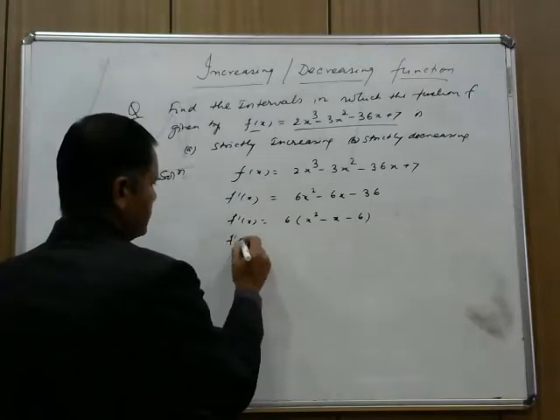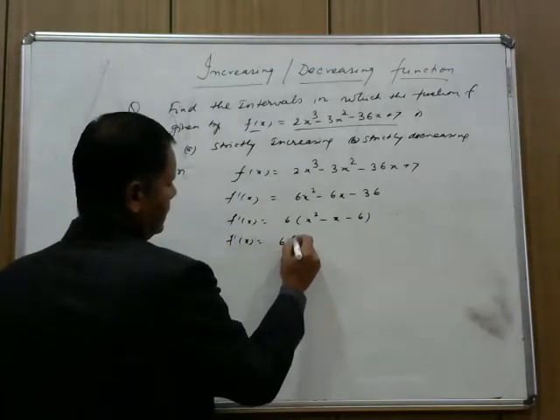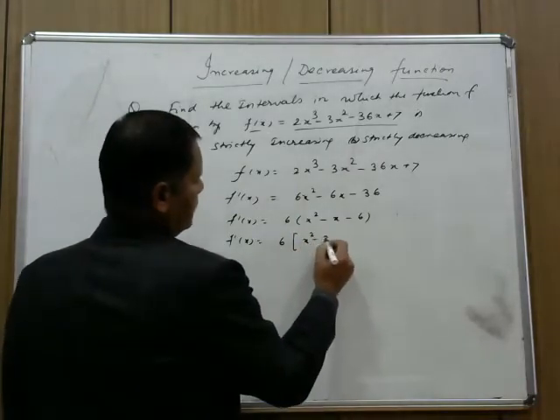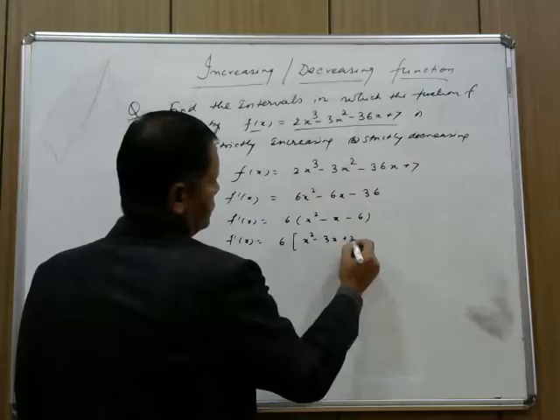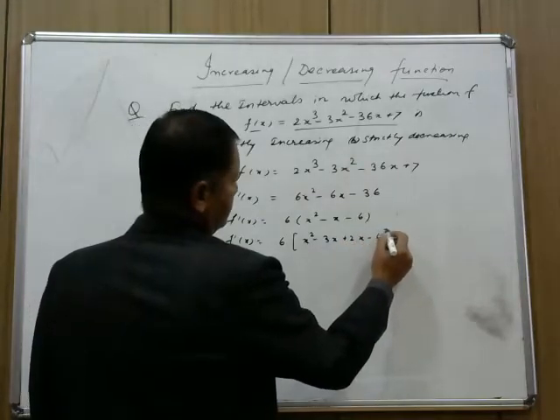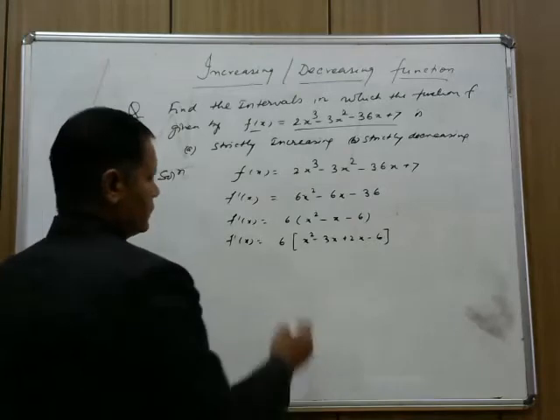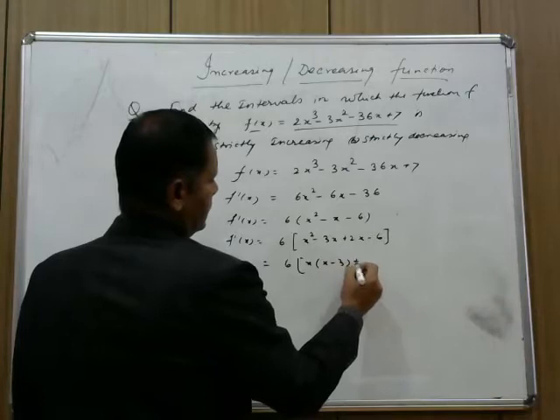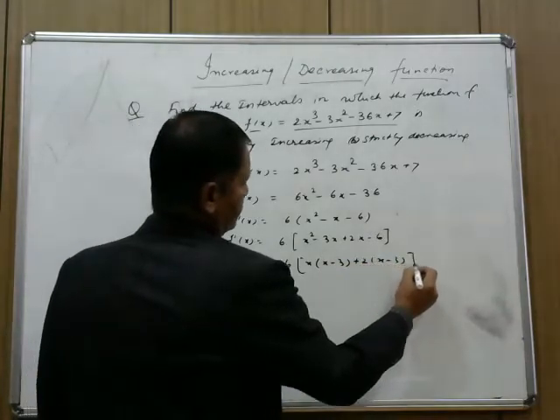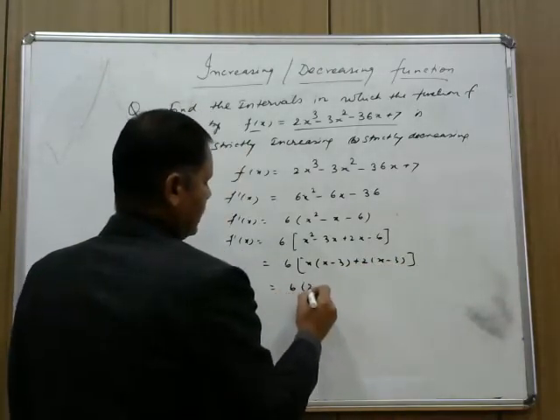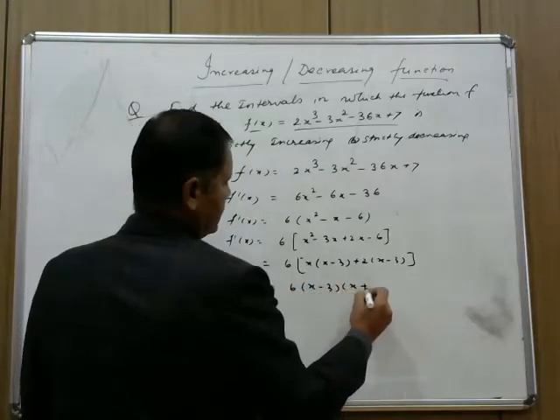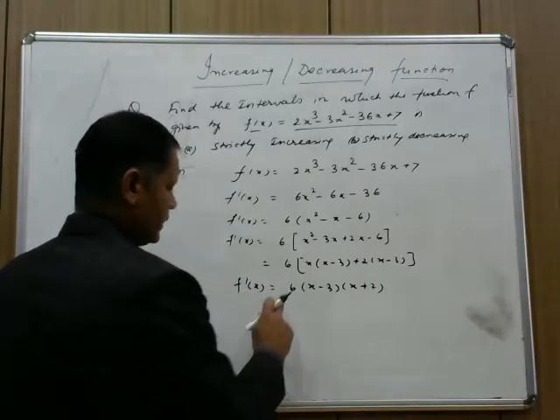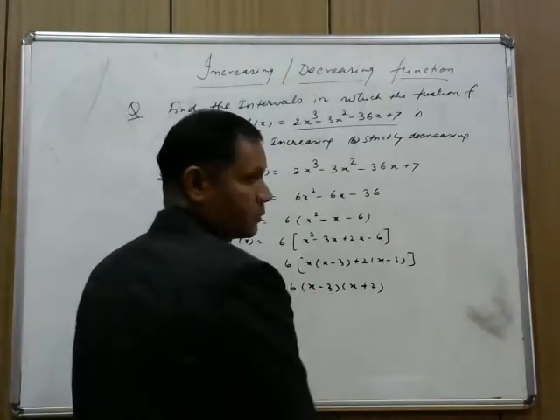Now can I write x square minus 3x plus 2x minus 6? That means 6 times x into x minus 3 plus 2 into x minus 3. That means 6 times x minus 3 and x plus 2. So now f dash of x is equal to 6 in bracket x minus 3 and x plus 2.